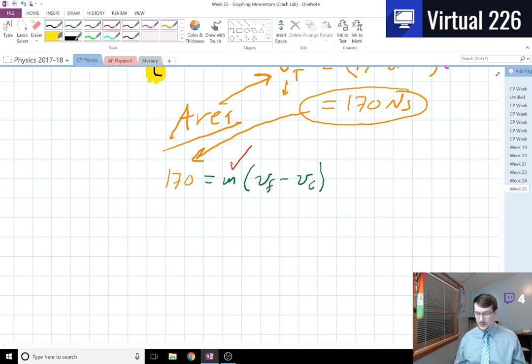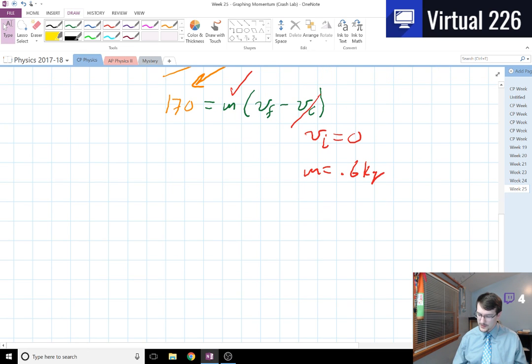So let's say in this problem, it's a kid kicking a soccer ball on the ground. The initial velocity of that soccer ball on the ground would be 0, so that just goes away. It's nice 0. And let's say a soccer ball has a mass of like 0.6 kilograms. I don't know what a soccer ball mass is, but we'll just say that.